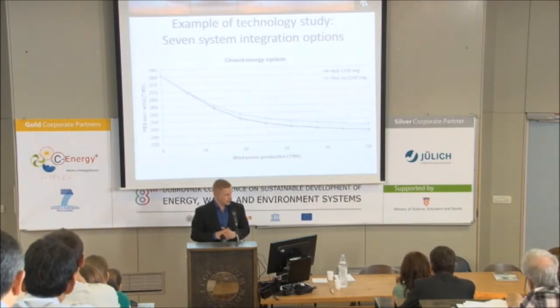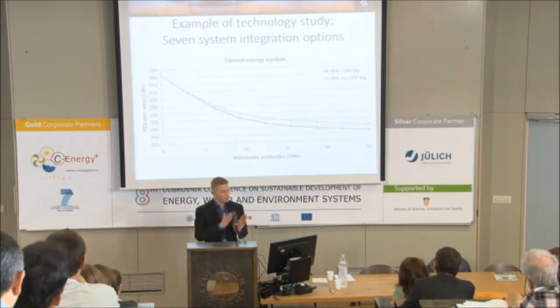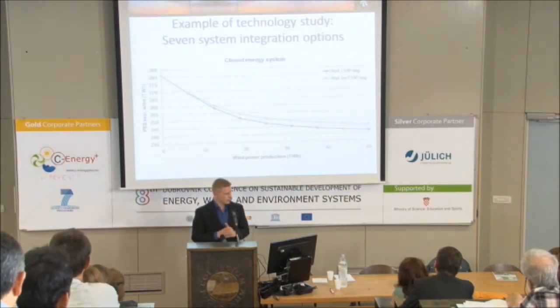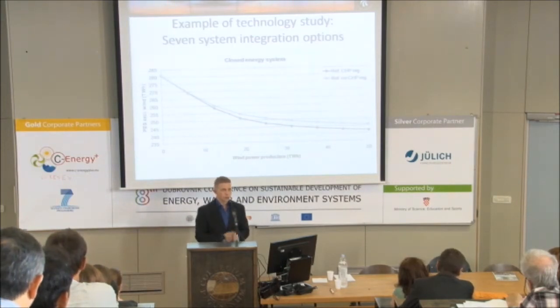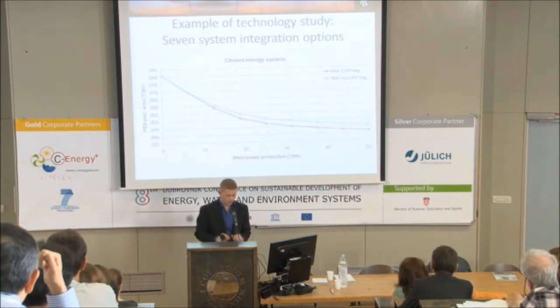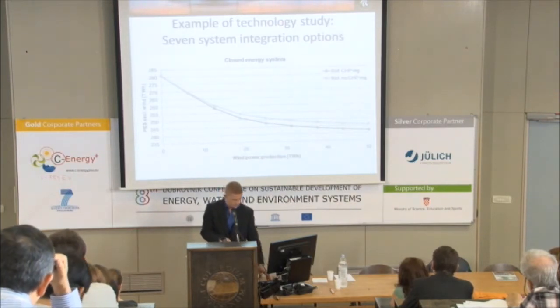And you can see on this graph that if we go to the 12 terawatt hours, this is also where the effect on the primary energy supply decreases. So we save less fuel when we go beyond the 20 to 25% of wind in the electricity grid.